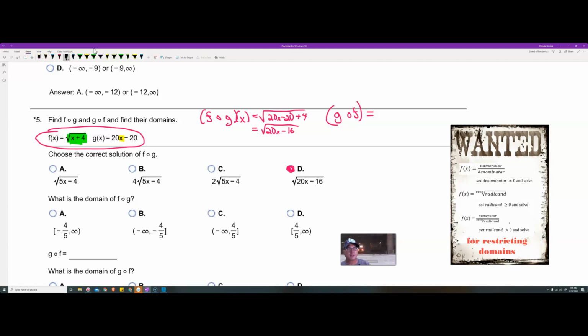So that's going to be, let's see, 20. f goes into g, so I'm going to have 20, and then instead of an x, I'm going to put in that green expression, x plus 4, minus 20.